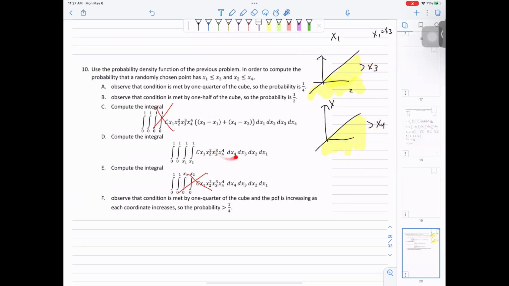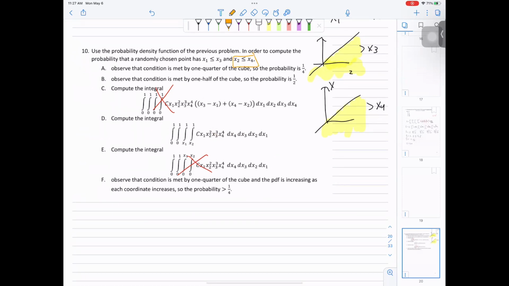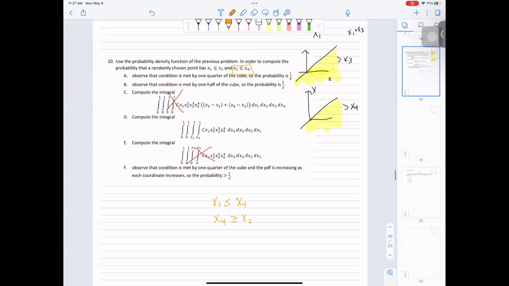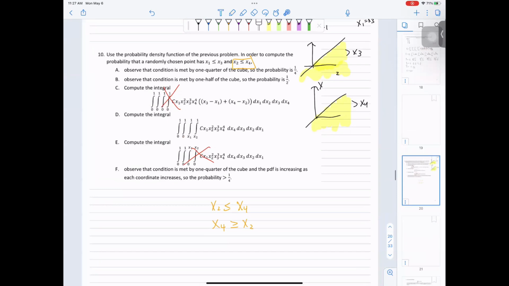What about choice D? x4, they're saying, is between x2 and 1. x4, they told me, was greater than or equal to x2. Is it bounded above by anything?